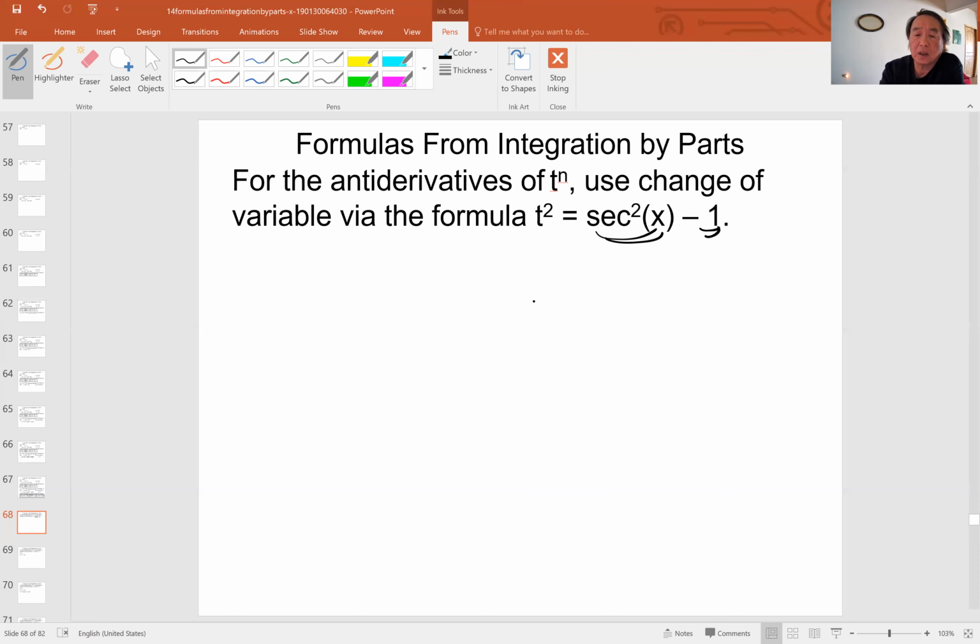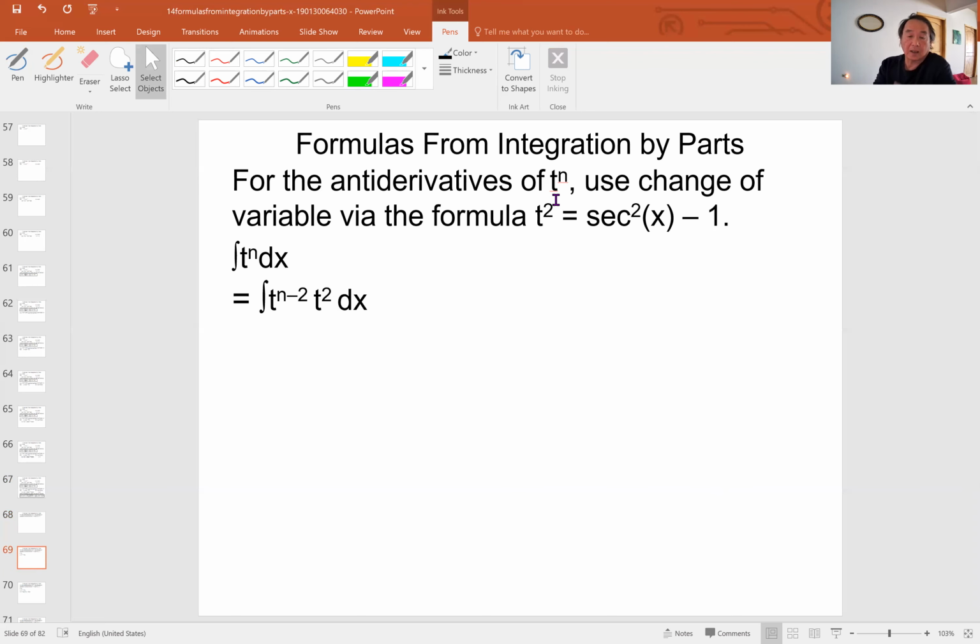Why do we do that? Because we're going to use a substitution, and the derivative of tangent is secant square. That's why we split out the tangent square. So I get a secant square popping in. Okay, I can use that secant square.